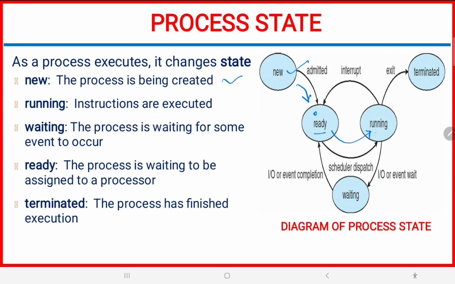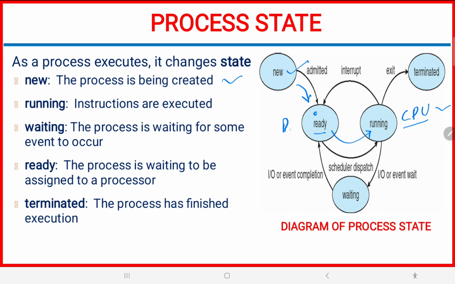When a process is in the running state, that means that process has gained access to the CPU and is now executing. As I've told you, it all depends upon whether this was the only process in the ready state and the CPU was also idle. In that case, it is immediately transferred from ready state onto the running state. But what if there are a number of other processes in the ready queue?